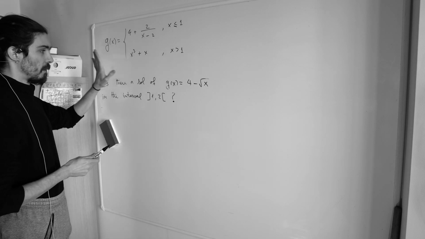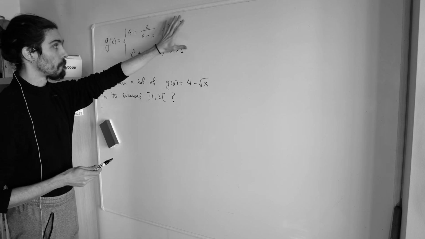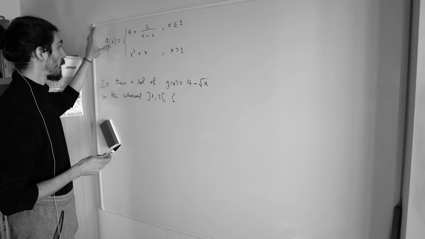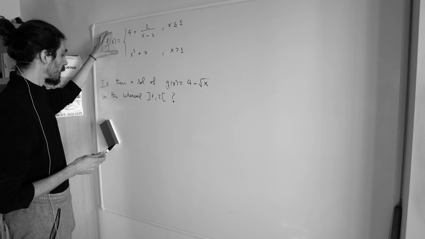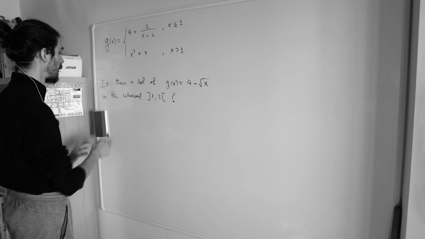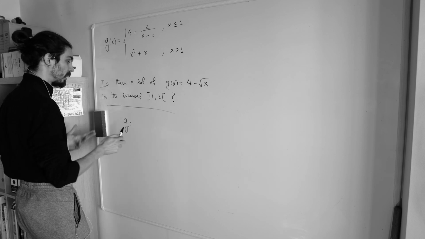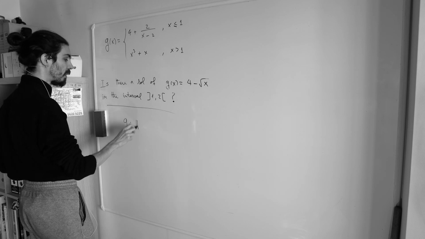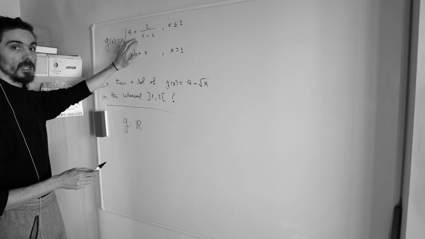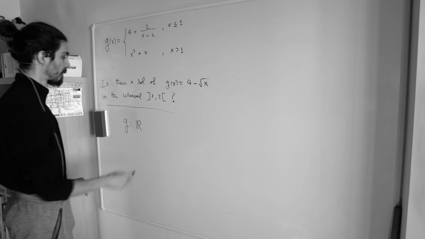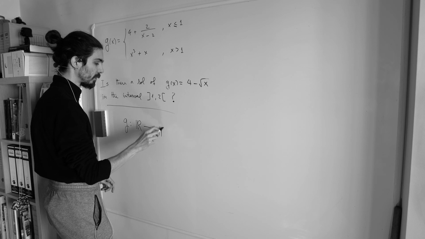Well, first, this part here is a definition of a function. Let me define the function for you. The function g will map all the real numbers, because the domain of this thing is all real numbers. It will map reals into reals.